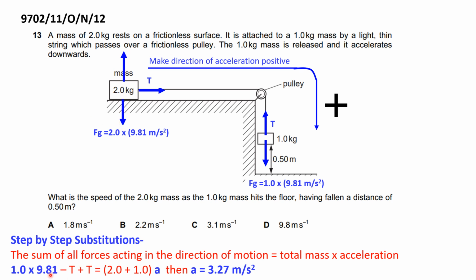Okay, so now we have here, start with the weight of this box because it is downward, same direction of the motion of the system, minus T, this is the opposite direction of the system, and then plus T, which is the same direction of the system, is equal to the total mass of the system, which is 2 plus 1 kilograms, times the acceleration of the system.